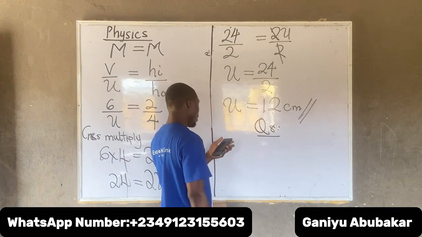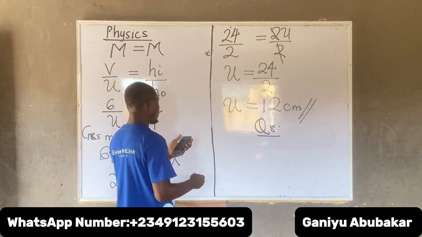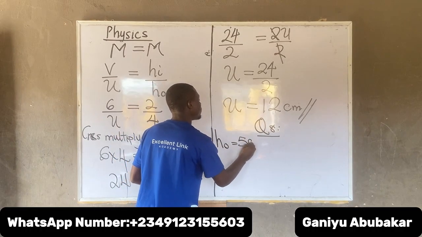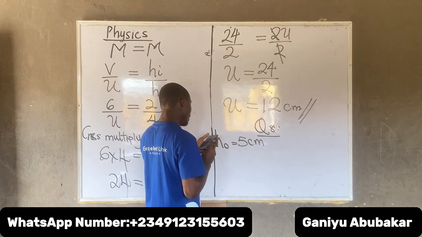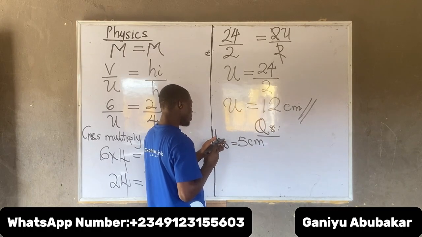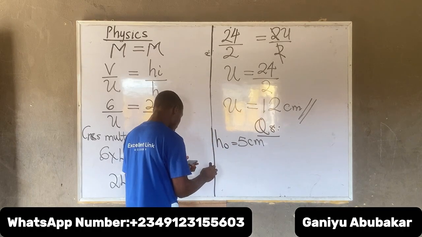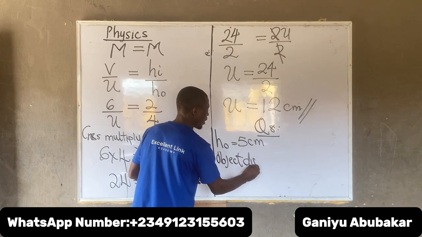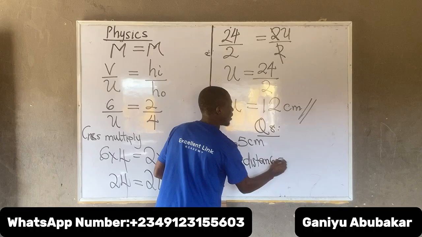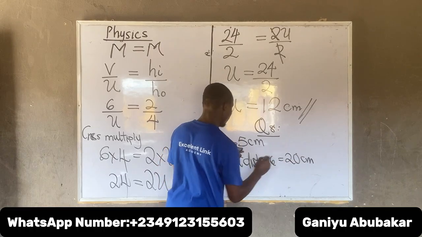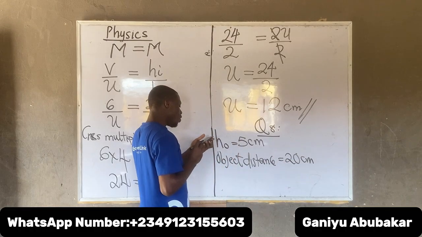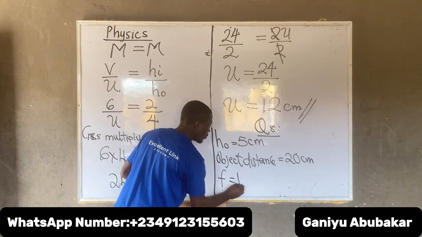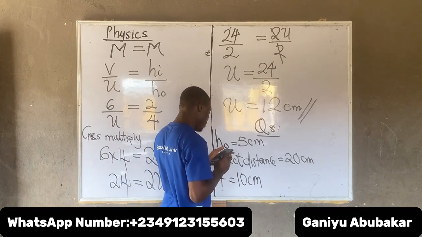It says an object of height 5 cm, that's the height of the object. It is placed at 20 cm. So that's the object distance, 20 cm, from a concave mirror of focal length 10 cm. So focal length F is 10 cm.